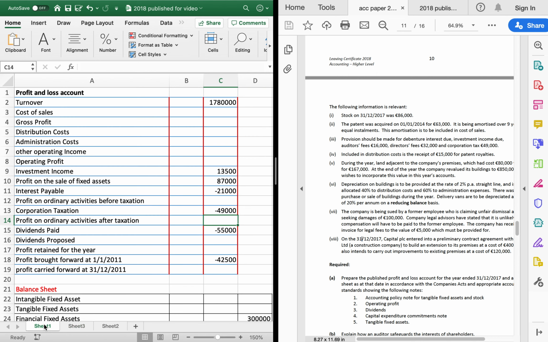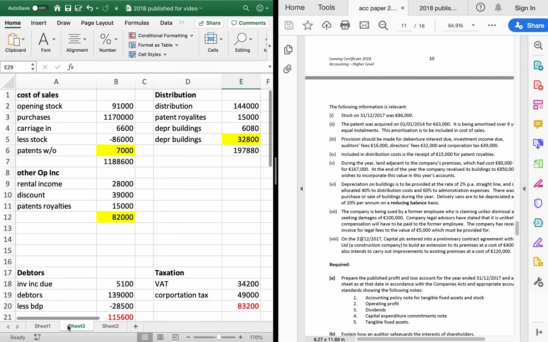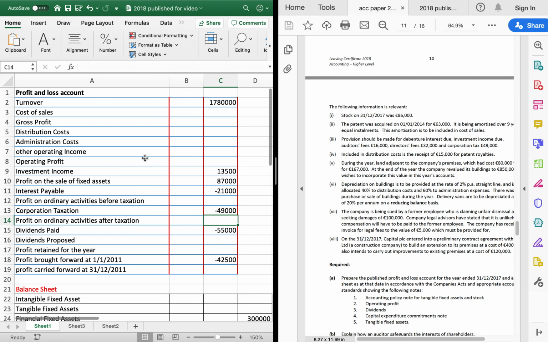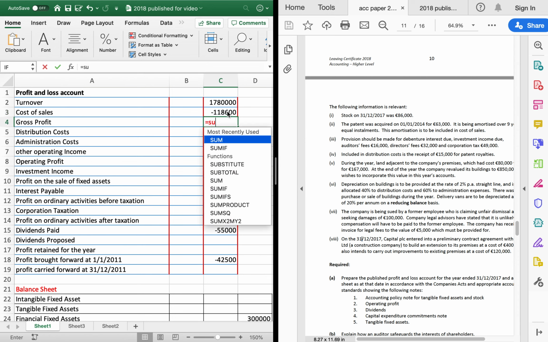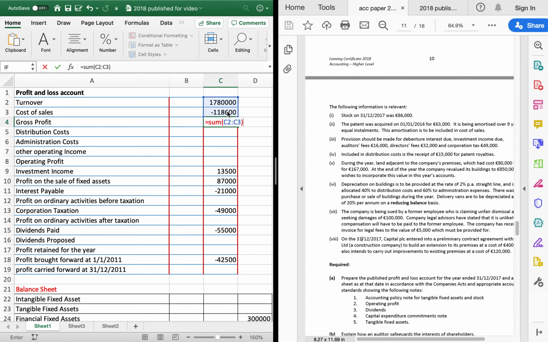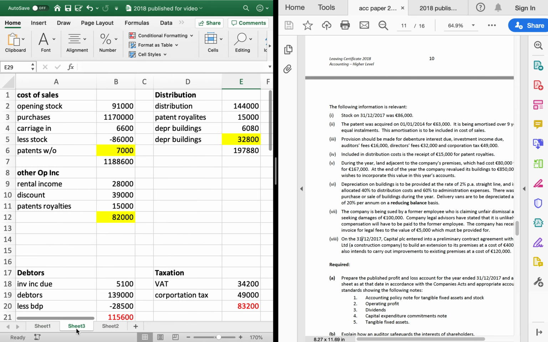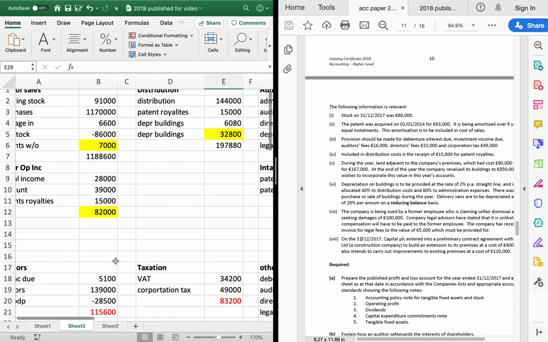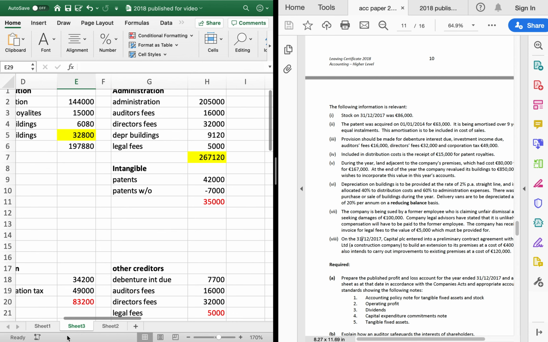So cost of sales then is 118,600. So your gross profit is the two taken away. Distribution 197,880 and 267,120.